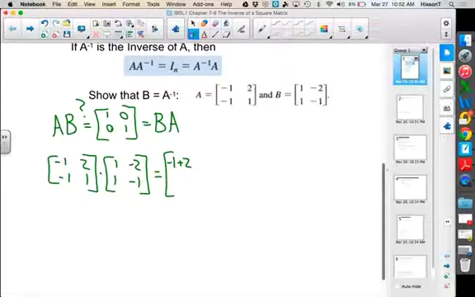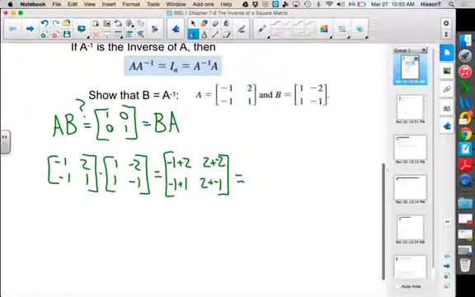I have negative 1 times negative 2, which is positive 2, plus 2 times negative 1 is negative 2. And then for my second row, I have negative 1 times 1 is negative 1, 1 times 1 is 1, and then I have negative 1 times negative 2 is 2. That's A times B. And then 1 times negative 1 is a negative 1.